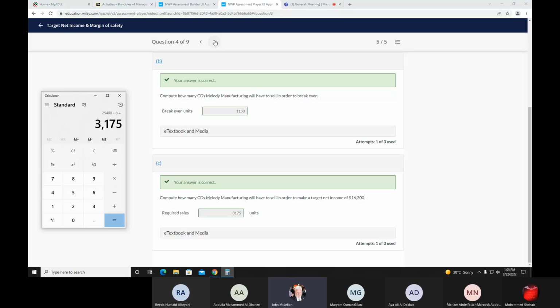Variable cost: 20 times the variable cost ratio, which is 60. Right. Okay. You got 12. That's all I want. What's the variable cost per unit? 12. Got that?